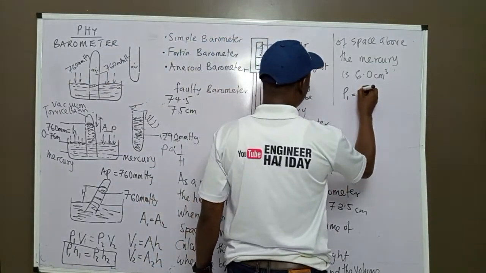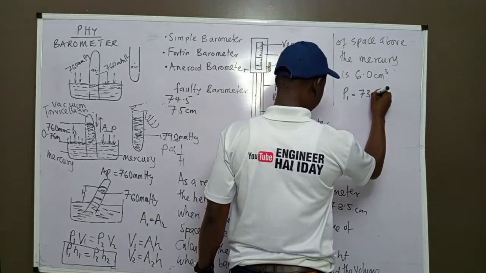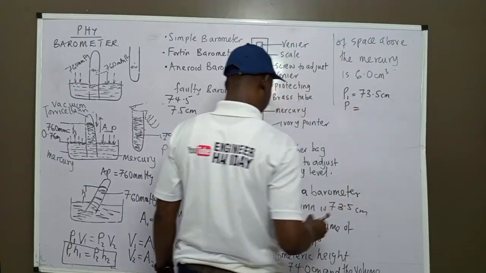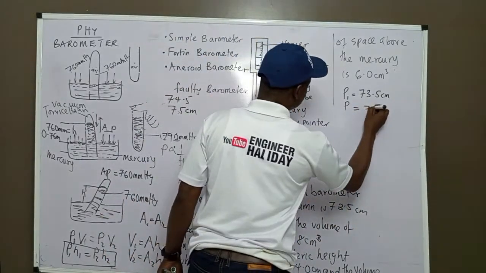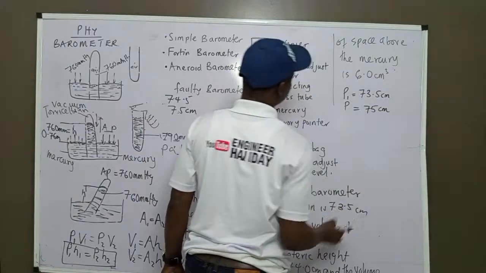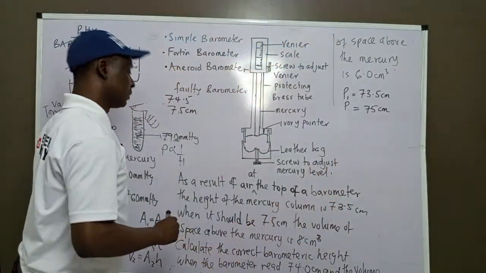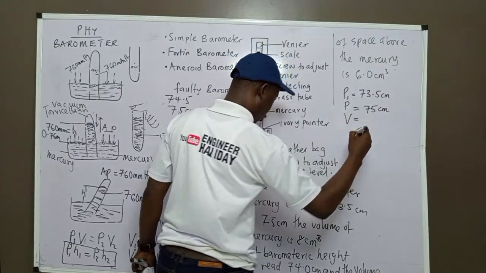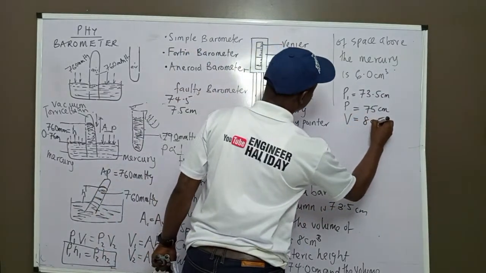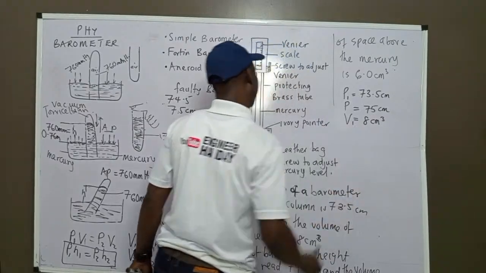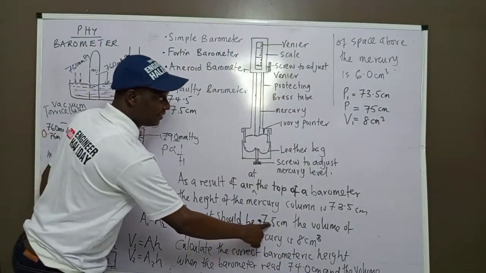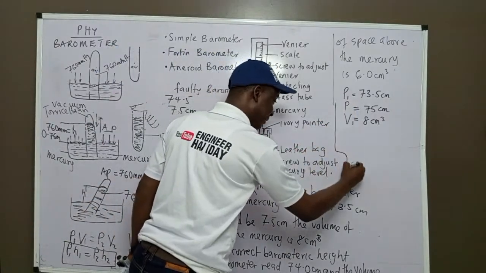Let's say P is equal to 73.5. Normally it should measure 75 centimeter. Then the volume is 8 centimeter cube, V1.